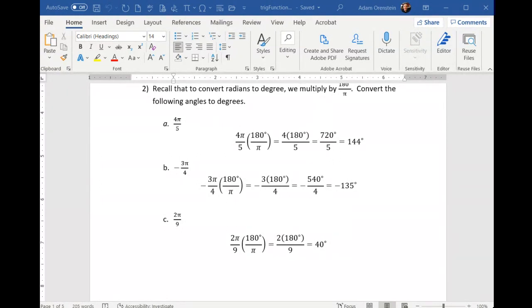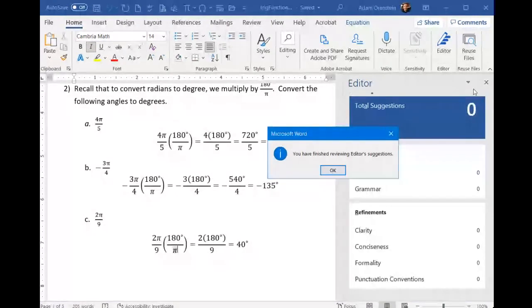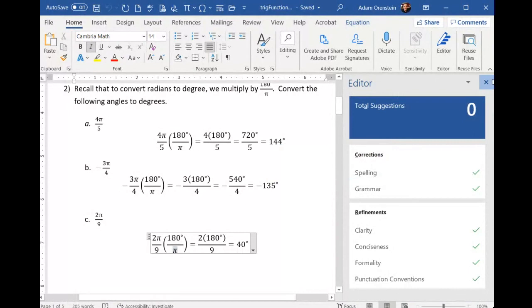And finally, 2 pi over 9. Same idea. You have 2 pi over 9 times 180 degrees over pi. You have pi up here in the top and pi down here in the bottom, and they cancel each other.